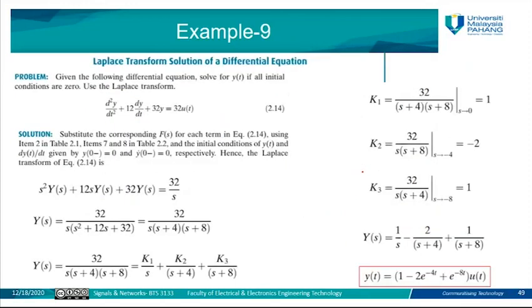Then the second method here, you will be given such a differential equation. So this is a differential equation, which is d squared y over dt squared plus 12 dy over dt plus 32y equal to 32 ut. And you will be asked to solve this differential equation. Solve means, as I told you before, the solution for a differential equation is not a value.